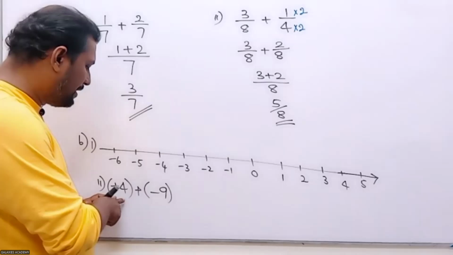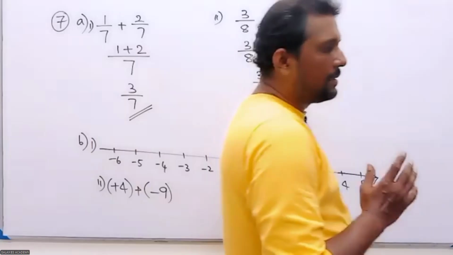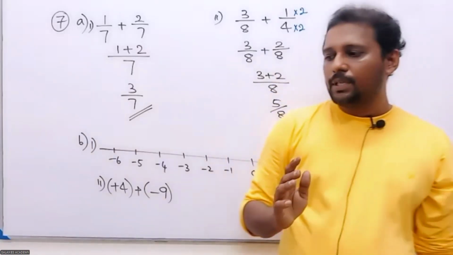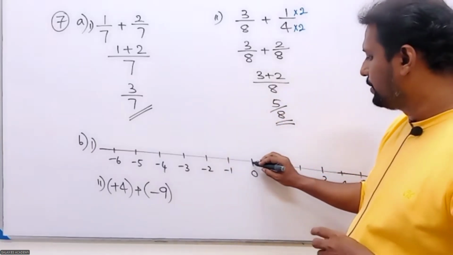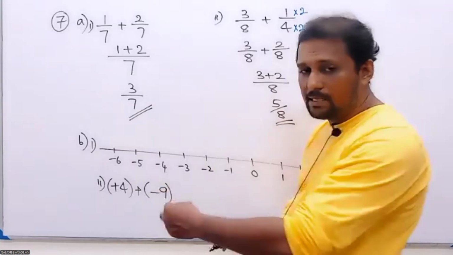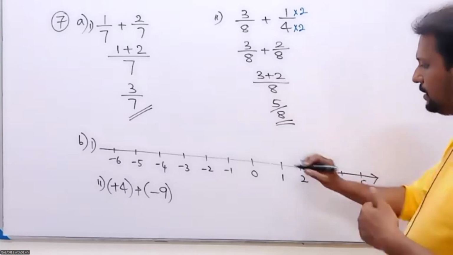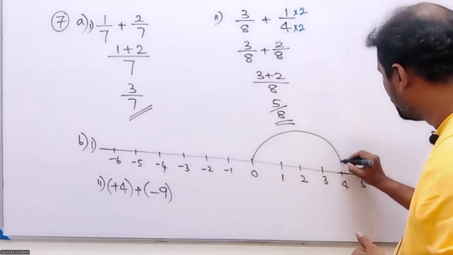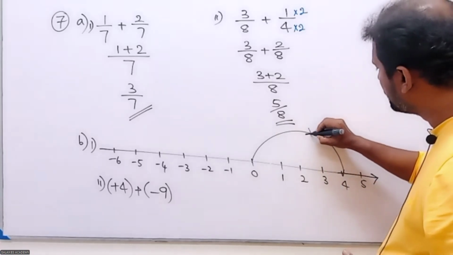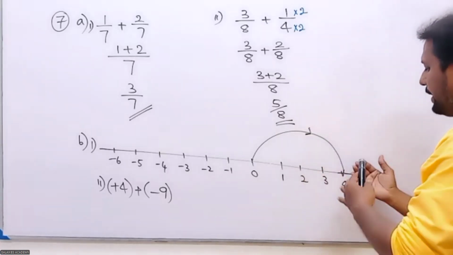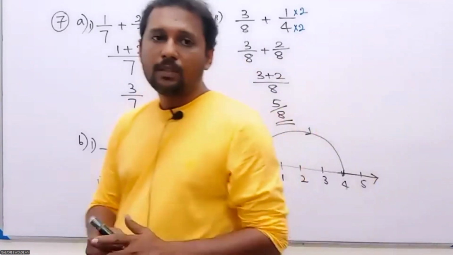Look at, the first directed number is +4, no? So how can you start this one? Any question, you have to start from 0. This is 0. Then you have to go 4 places in the positive direction. This is the positive direction. 4 places you have to move. Also, you have to represent the moving direction using an arrowhead. Now we are on +4, right?